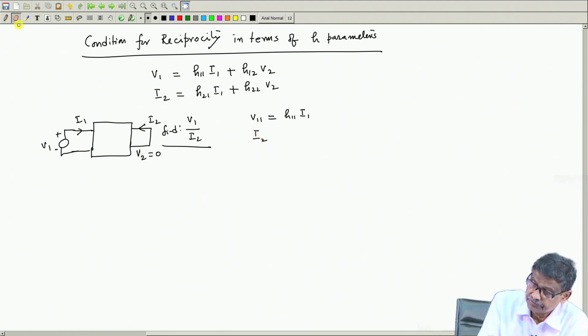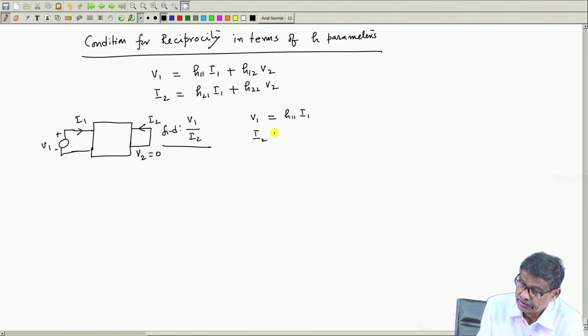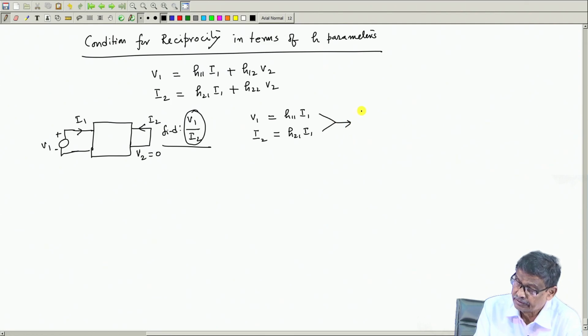I am sorry, this is V 1 only. So, V 1 is equal to H 1 1 I 1 with V 2 equal to 0, and the second equation will give you I 2 is equal to H 2 1 I 1 with V 2 equal to 0. But my goal is to find V 1 by I 2. So, just divide these two equations and you will get V 1 by I 2 is equal to H 1 1 by H 2 1. So, we keep this result.